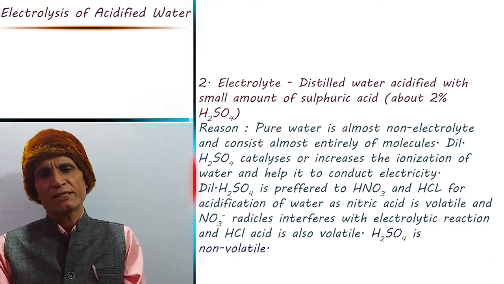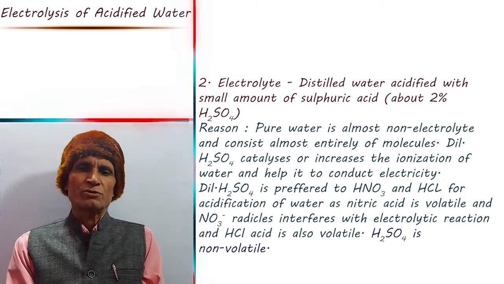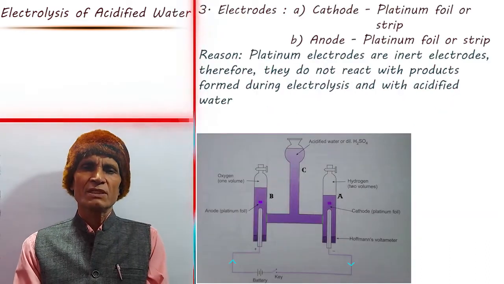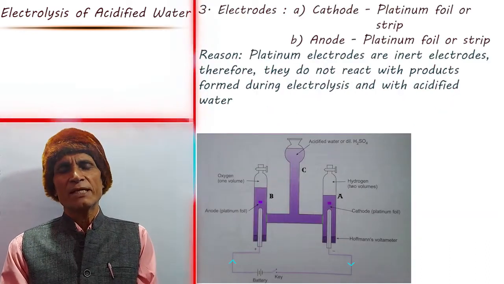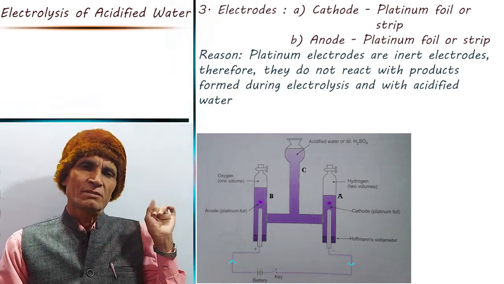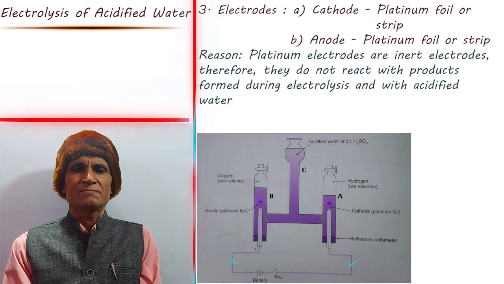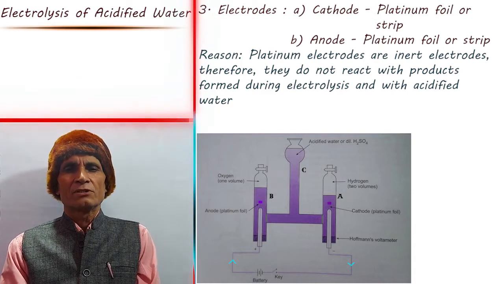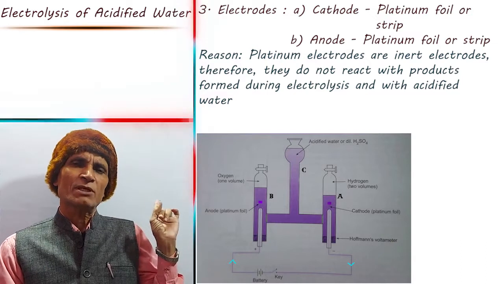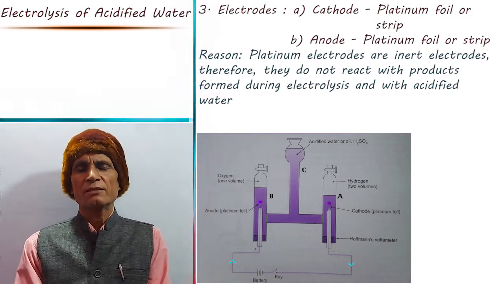Now third point, electrode. Glass tube A is fitted with platinum foil which is connected with the negative terminal of the battery. Glass tube A is connected to the negative terminal of the DC power source or battery.